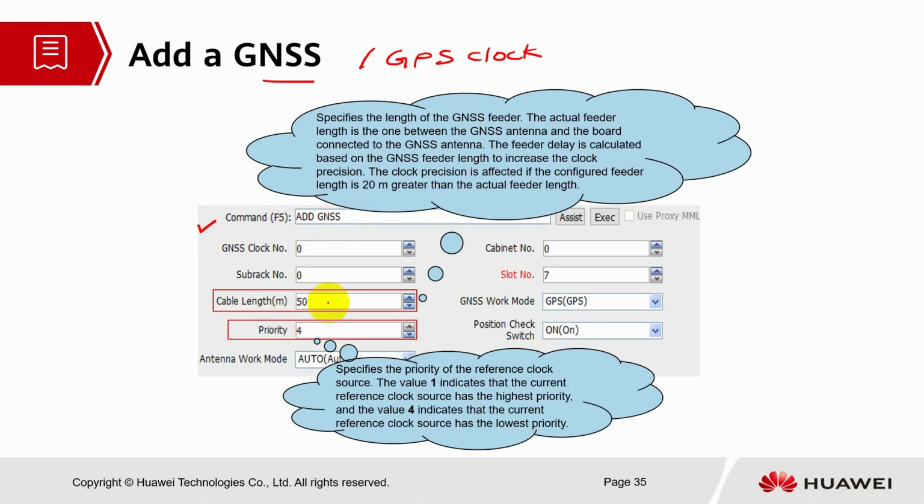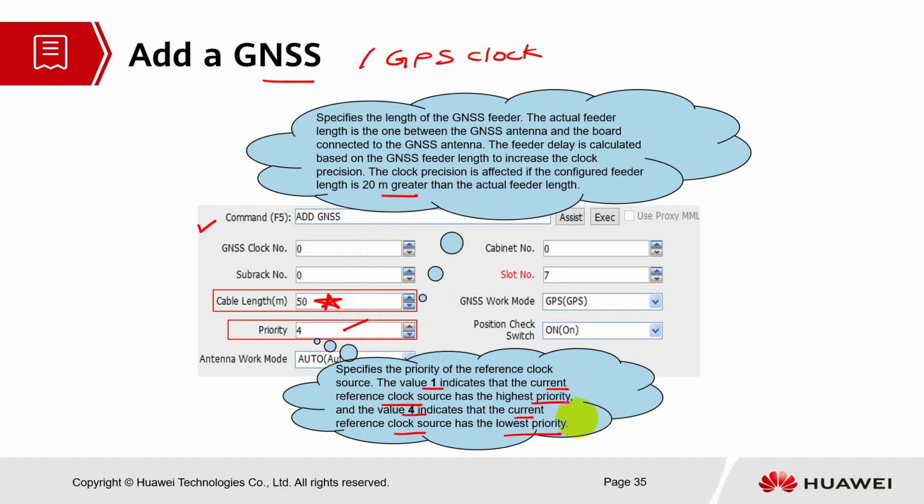There are some tips. The cable length has to be configured based on the actual length. If it is 20 meters or greater, it will affect the clock precision. For the priority, the value 1 indicates that the current reference clock source has the highest priority, and the value 4 indicates the lowest priority.